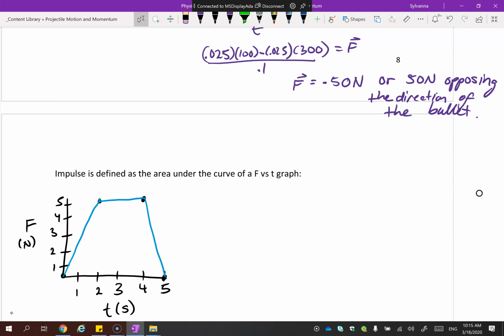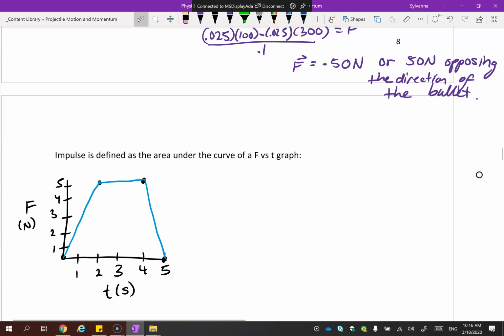Lastly, we're going to look at impulse as an area underneath the curve of force versus time. So please copy down the graph that I have right now.